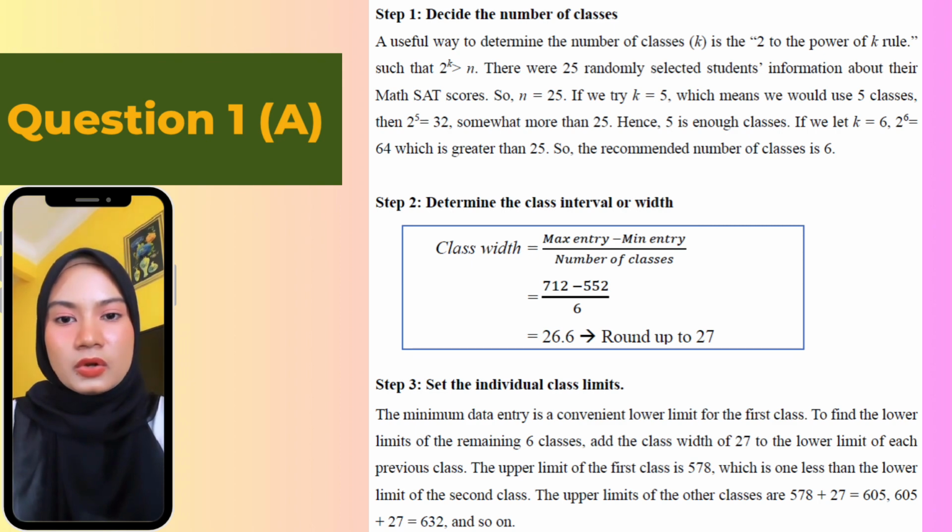The upper limit of the first class is 578, which is one less than the lower limit of the second class. The upper limits of the other classes are 578 plus 27 equal to 605, then 605 plus 27 equal to 632, and so on.